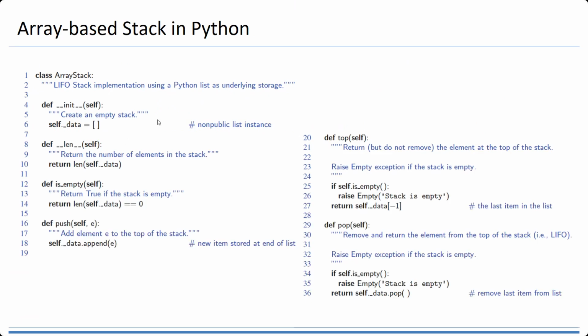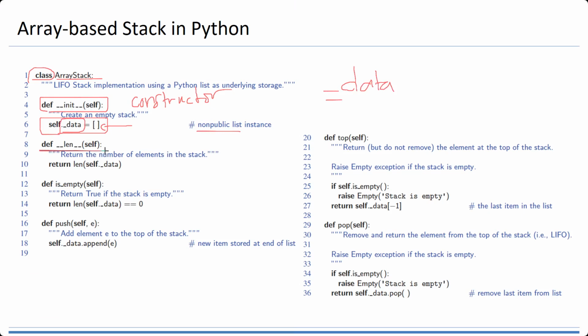So this is the array-based stack Python code. We will check it later, but let me briefly explain. We have the class ArrayStack, and then __init__ with self. So this is the constructor. We have data that we define here as an empty list. If you still remember, we have underscore data, which means this is non-public, so you cannot access the data from another class.